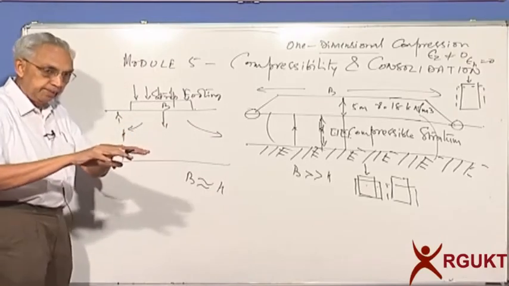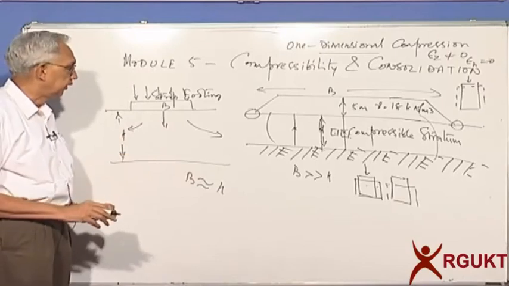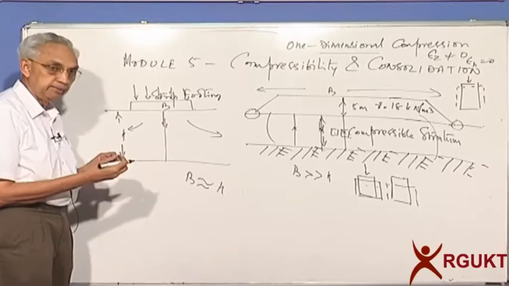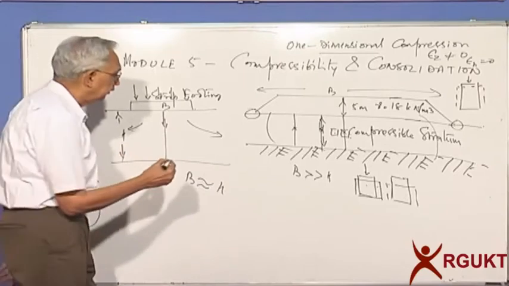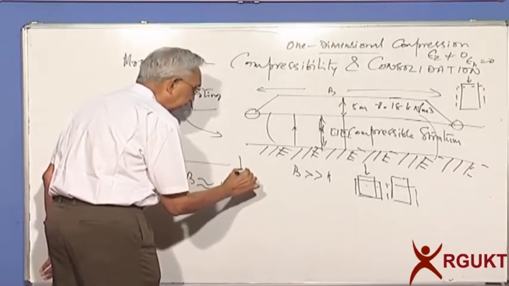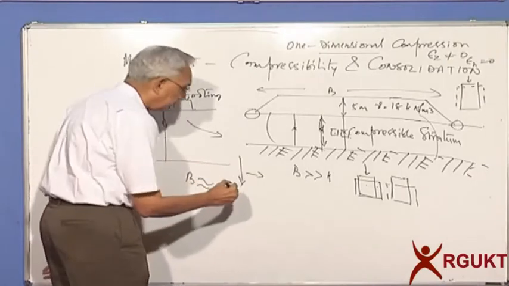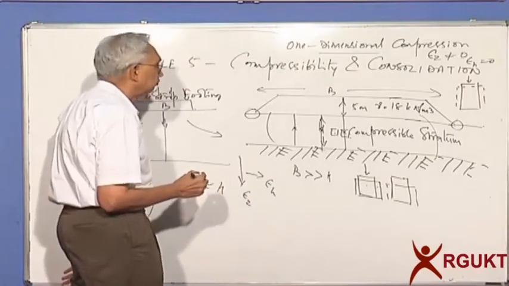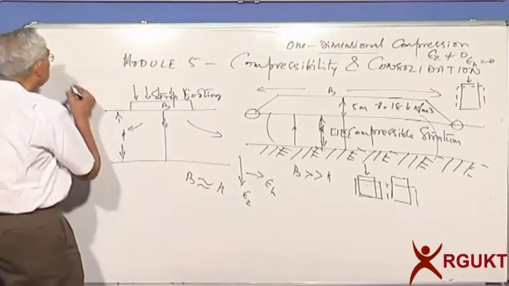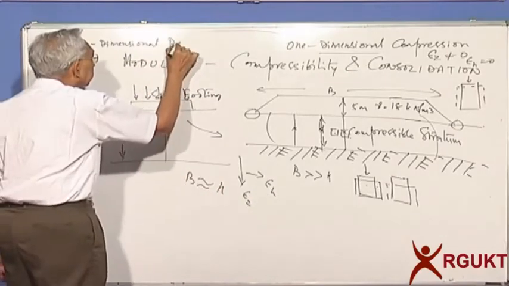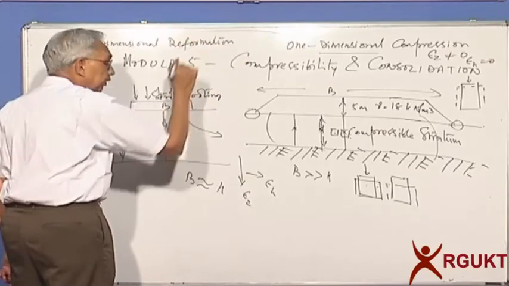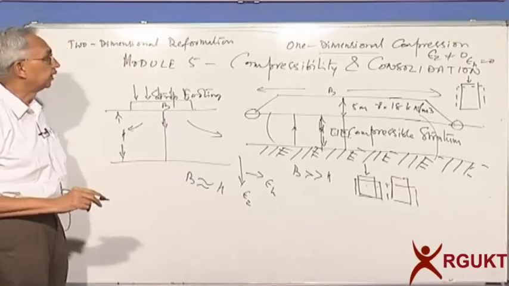It's compressing and tries to move outward, except of course along the center. All other particles will have two deformations. So you can have vertical deformation and lateral deformation, or I can say vertical strain and horizontal strain. This is called a two-dimensional deformation problem or situation we meet with in foundation engineering, etc.